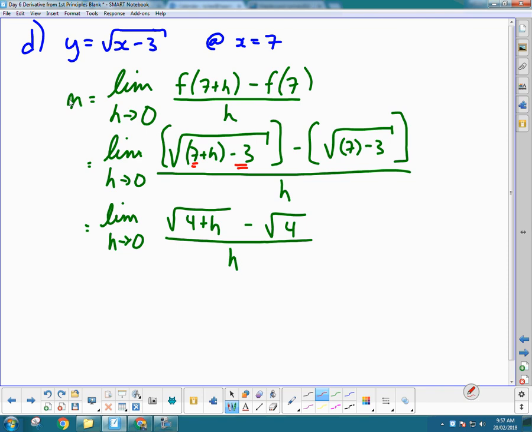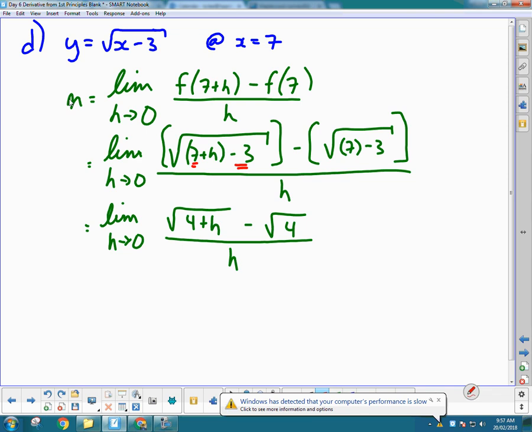Now, there isn't a lot I can do. In the question before, I could take common denominators to bring the things together. But bringing in these radicals is very different. They're difficult. So this step is going to be to multiply by the conjugate. The conjugate is a term we learned last year in grade 11.